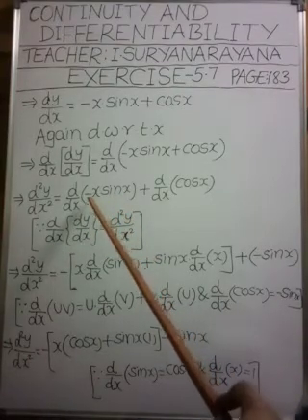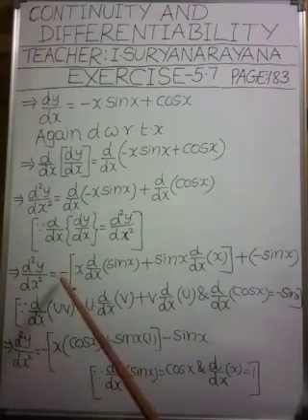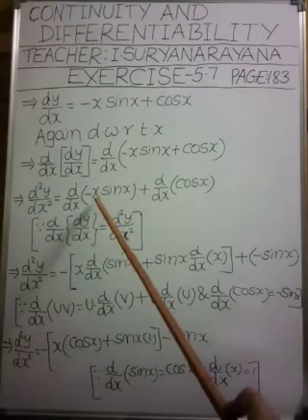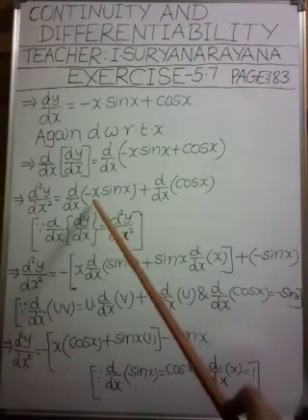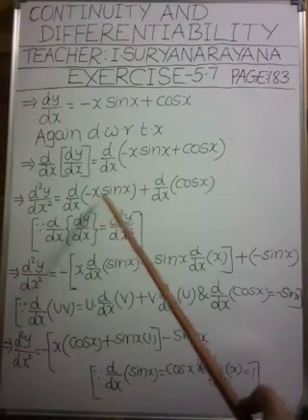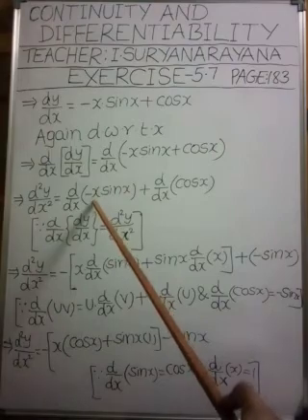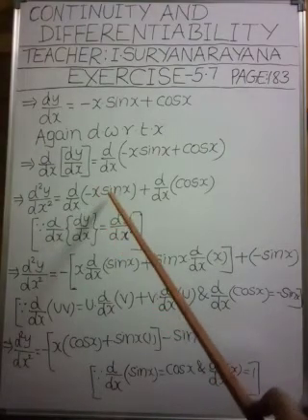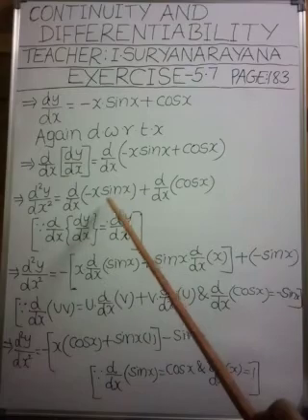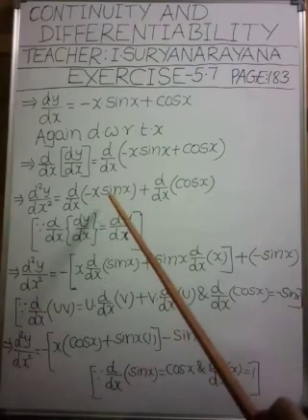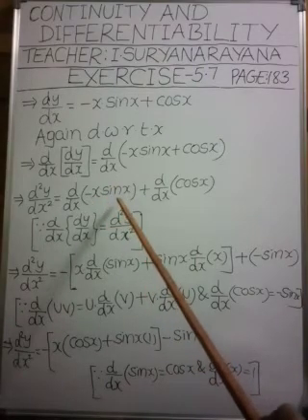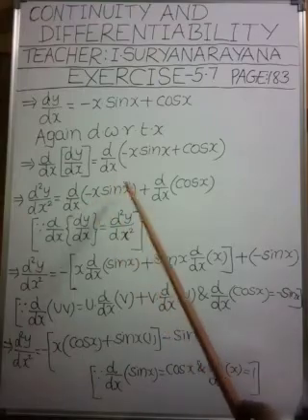Since minus is there, we can write minus outside. Then what will be the left function? x sin x. So it is in the form of u into v. Assume that x is u and sin x is v. So d by dx of uv, that formula is suitable for finding the derivative of this function.